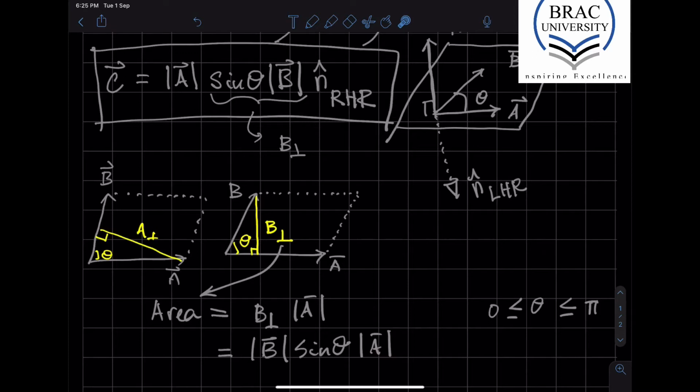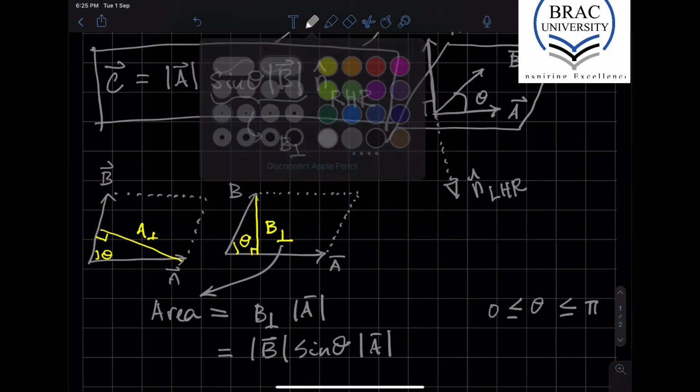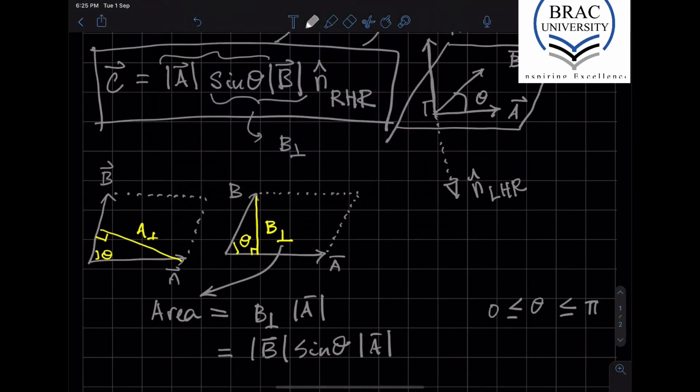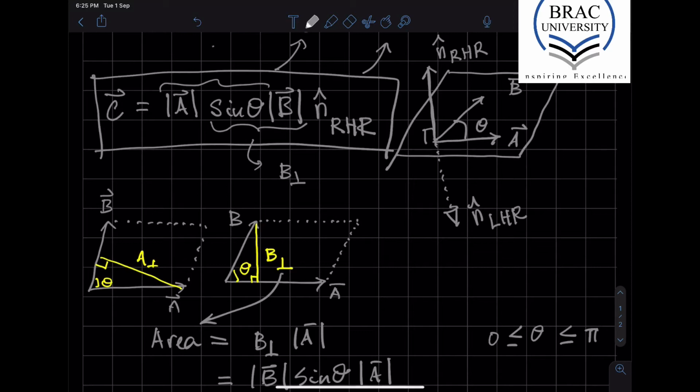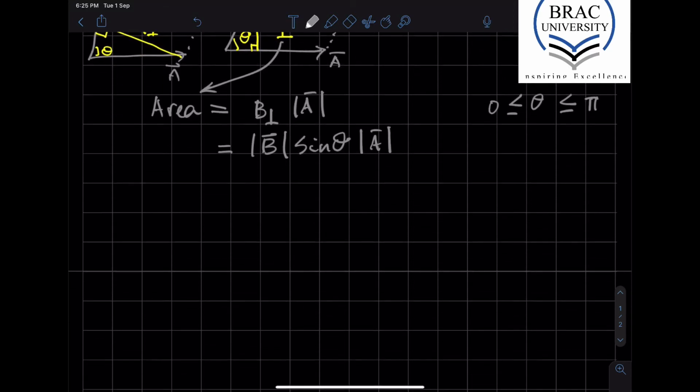And we see that over here in the expression for C, we also have this perpendicular. So this is how we get the magnitude of the cross product.